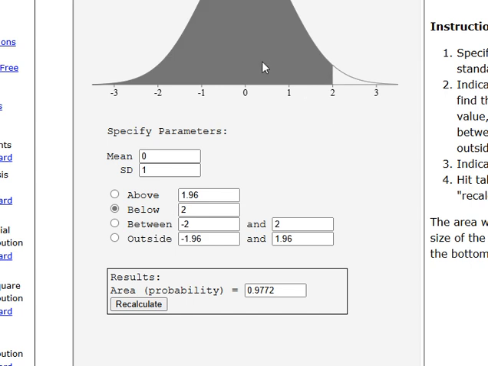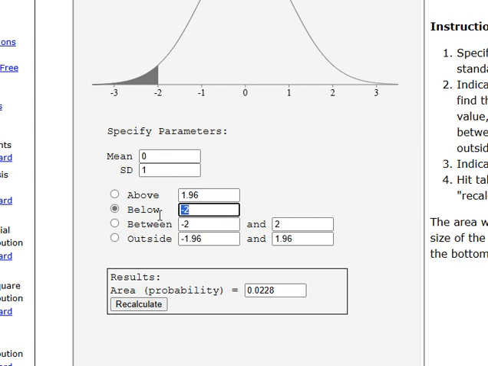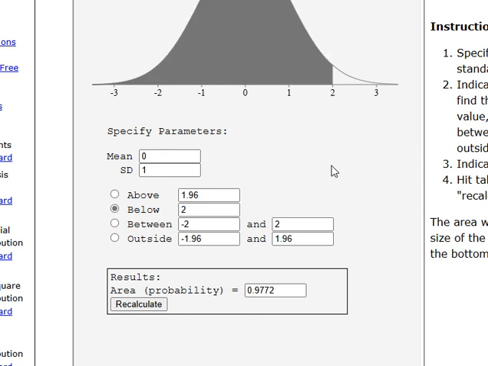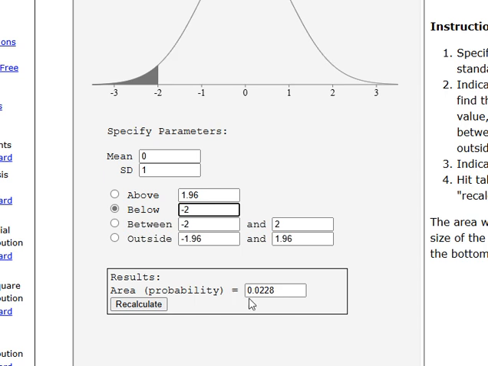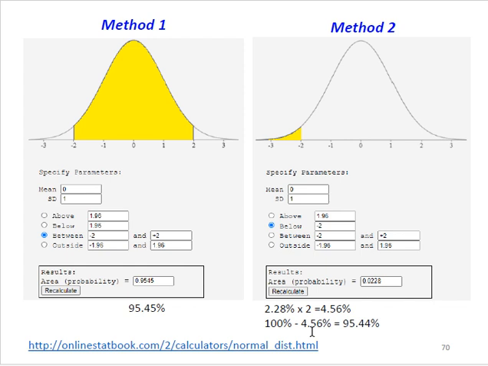So you subtract this little -2 area from that big area. First you write down that it is 0.0228, and +2 is going to give you 0.9772, and then 0.9772 minus 0.0228.